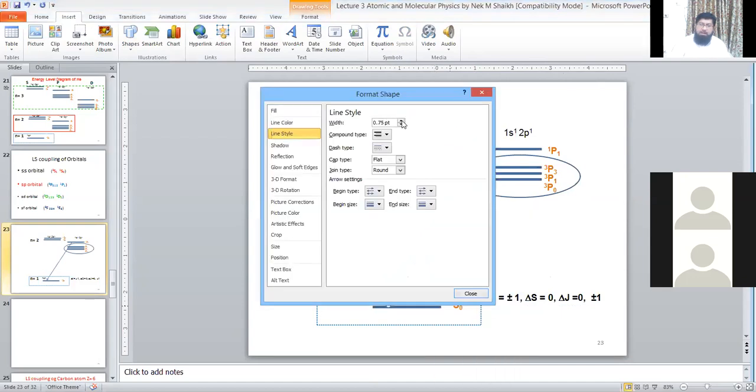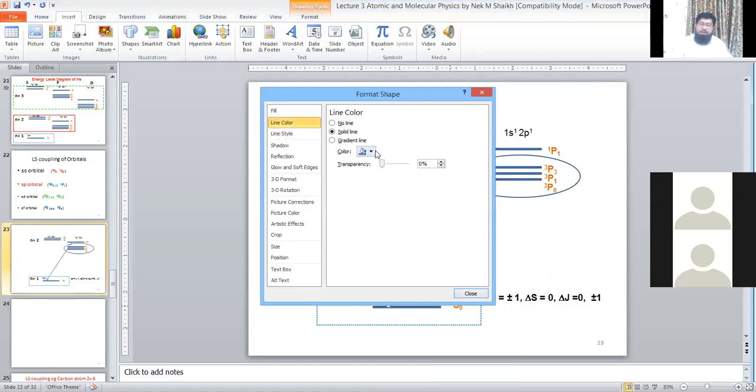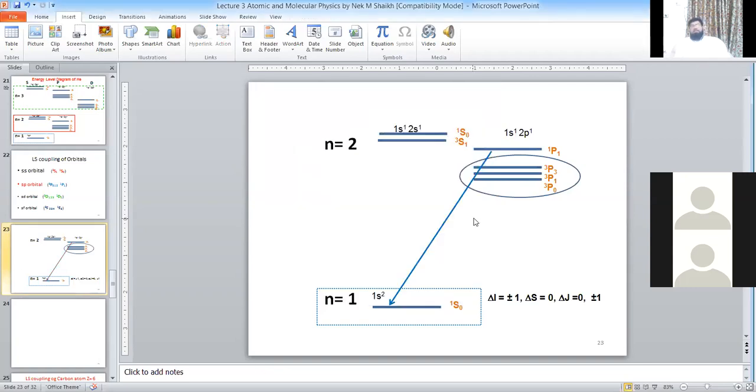So the only possible transition is from 1p1 to 1s0.